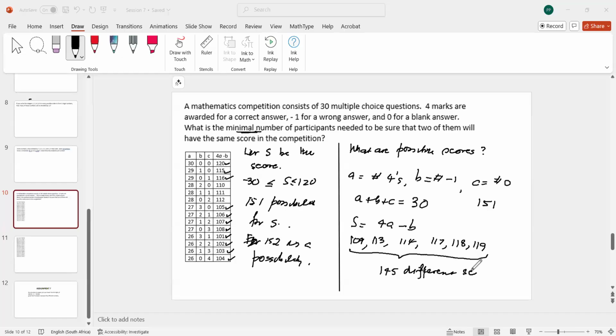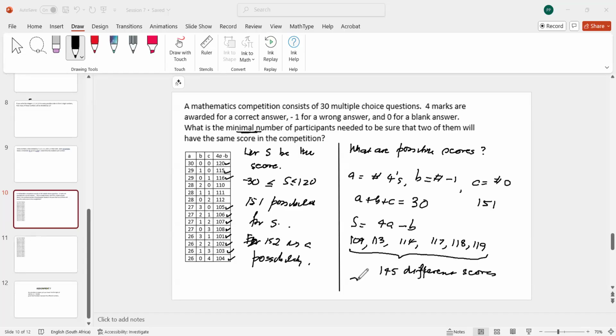So this 152 can be reduced, because 6 of these are not attainable. So it's 145. And to ensure that 2 of them will have the same score, you have to have more than that, and the least number will be 146. Because as soon as you hit 146, and anything more than that, you're assured that at least 2 people will have the same scores.